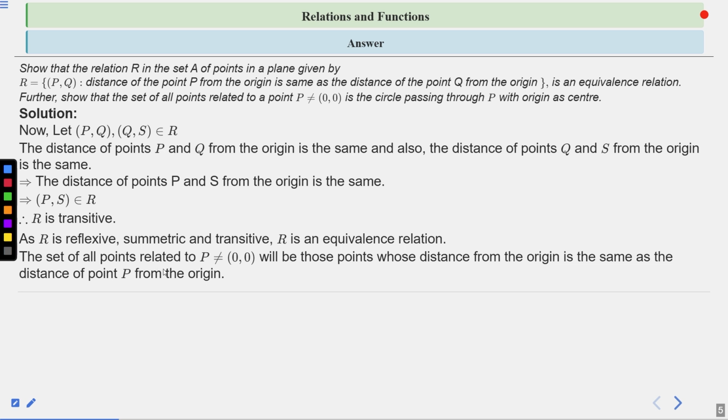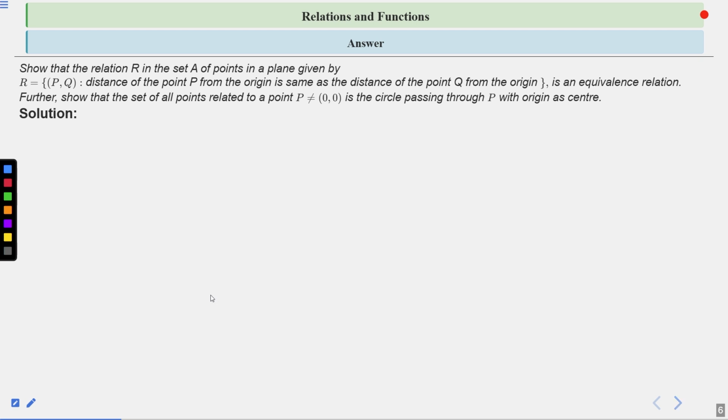Now the set of all points related to P, where P is a non-zero point, will be those points whose distance from the origin is the same as the distance of the point P from the origin.